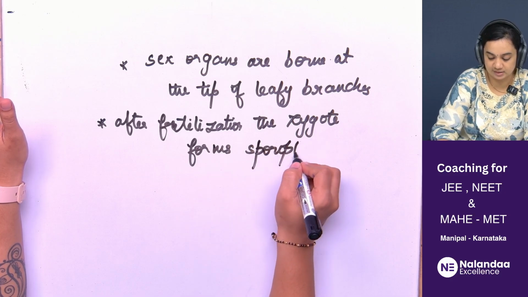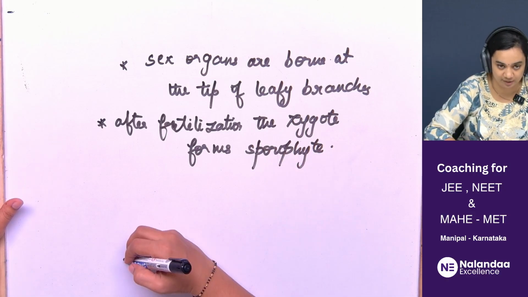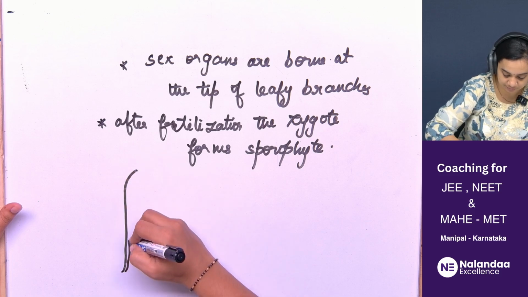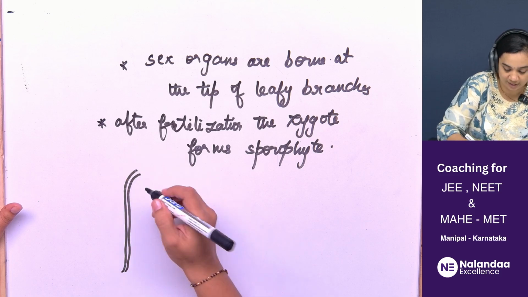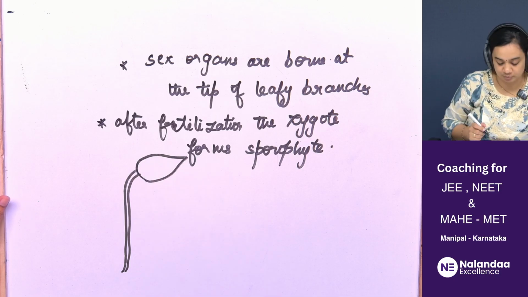In this case, the sporophyte is divided into three distinct parts. What are they? The basal foot, an elongated seta, and a large capsule.